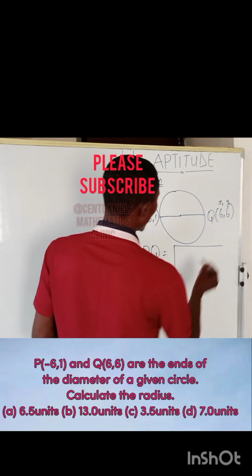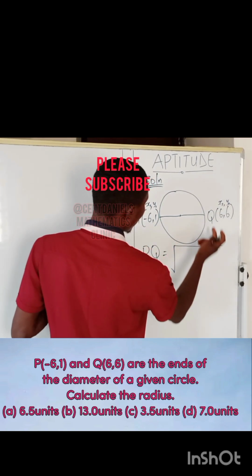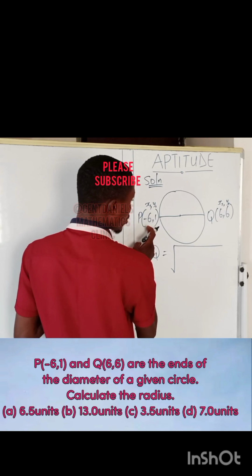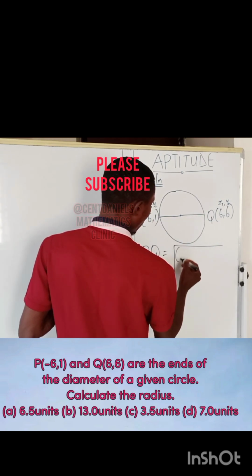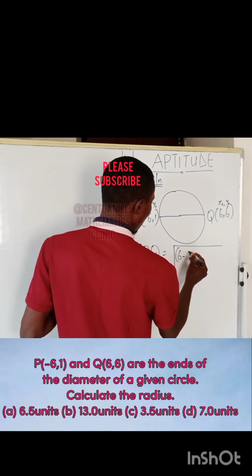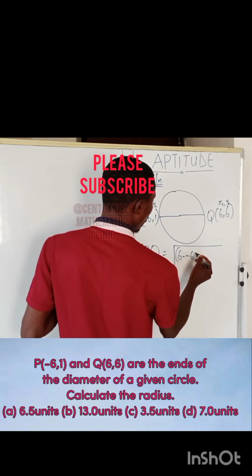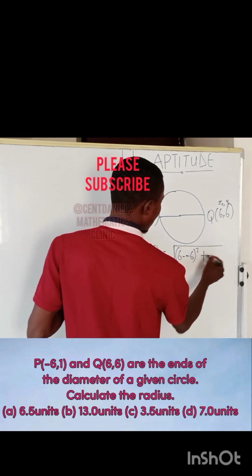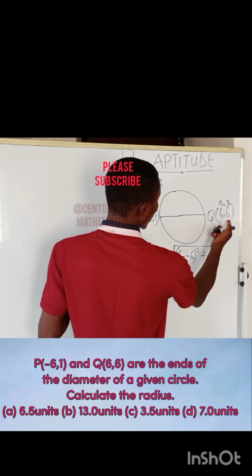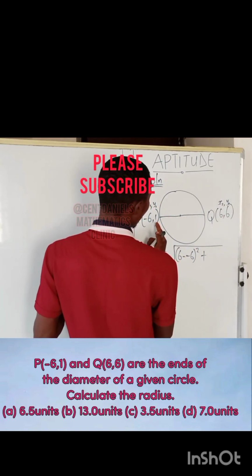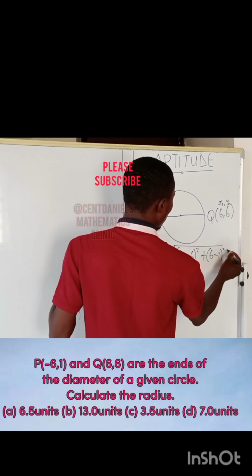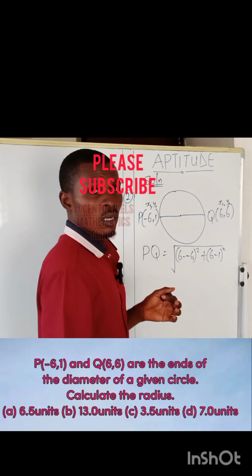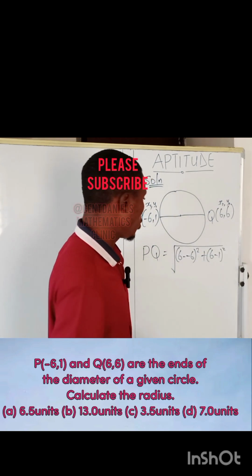So our length PQ is going to be the square root of x2 minus x1, which is 6 minus minus 6, squared, plus, for the other one, y2 minus y1, which is 6 minus 1, squared. This is how we express the length of PQ.